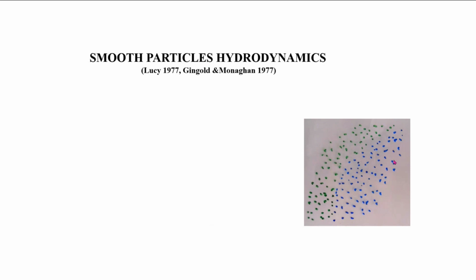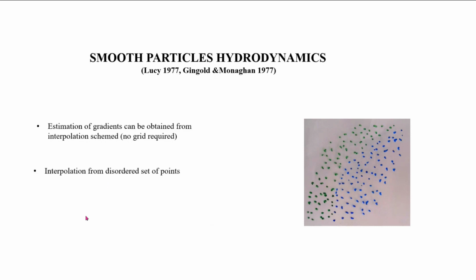Then there's one more concept, which is smooth particle hydrodynamics. I essentially work with a set of random particles. I have green particles, I have blue particles, and I estimate gradients from interpolation schemes without requiring any grids. I just take neighboring particles and set up methods to estimate the gradients which are necessary to get the equations of motion.